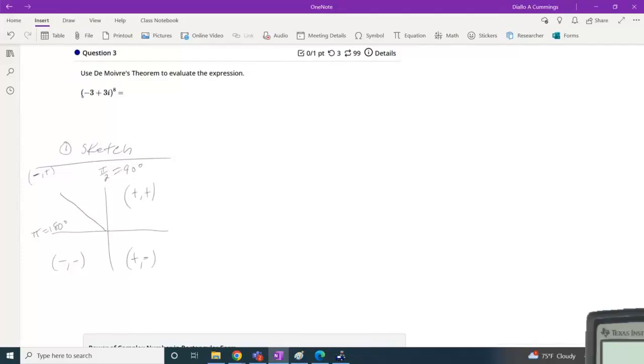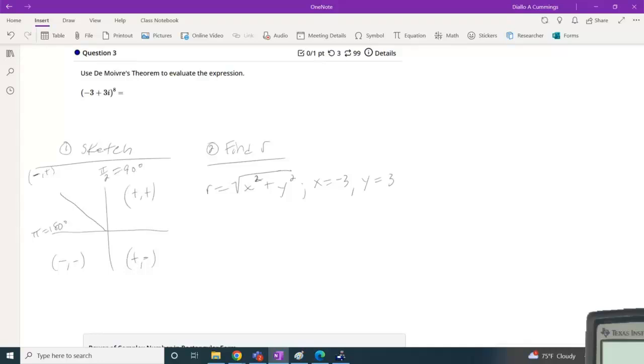All right, so the second thing we're going to do is find r. We can find r two ways. We can use a formula, or we could use a calculator function. So I'll do them both ways. If we wanted to find r by hand, remember there's that formula. r is equal to the square root of x squared plus y squared. x is -3.